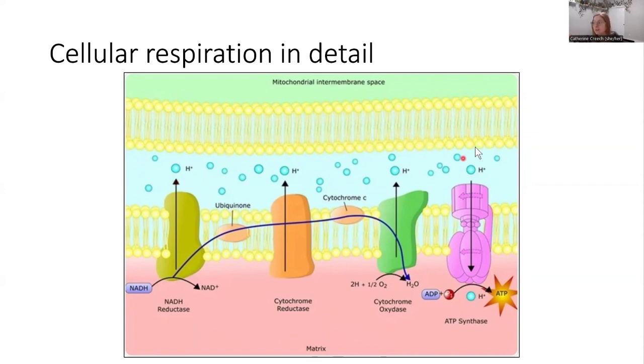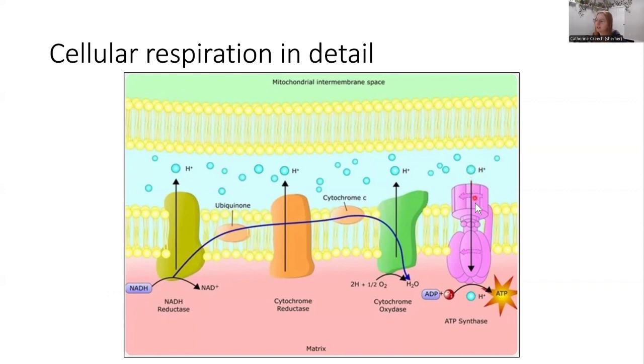To get back into the matrix, there is only one place it can go through, and that is ATP synthase. So as the hydrogen moves back into ATP synthase, and again, it's following its concentration gradient, so this is not requiring energy. This part, pumping them into the intermembrane space, going against the concentration gradient, does require energy, and the energy comes from those high energy electrons.